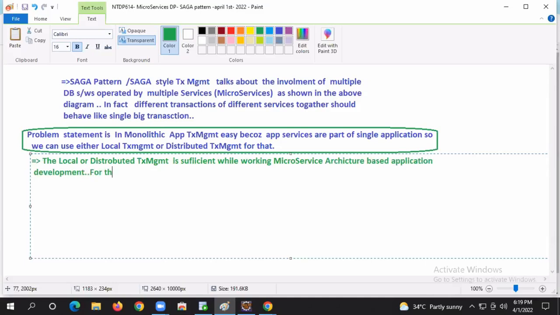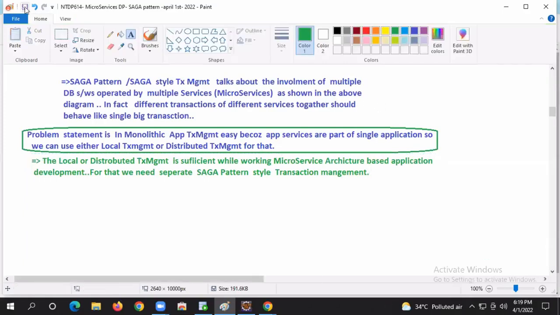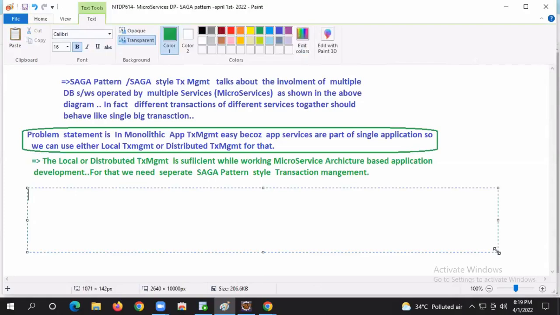For that, we need separate SAGA pattern style transaction management. Yes. What is that, guys?